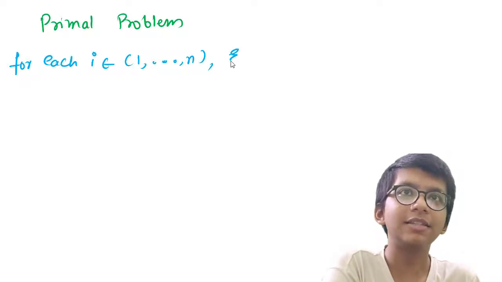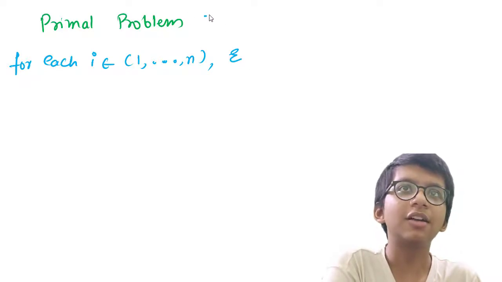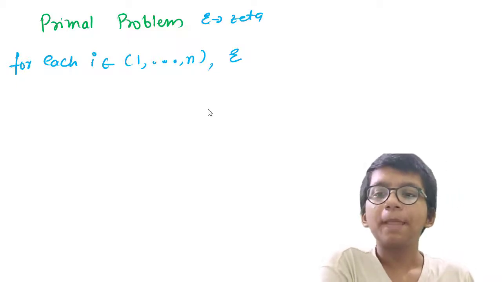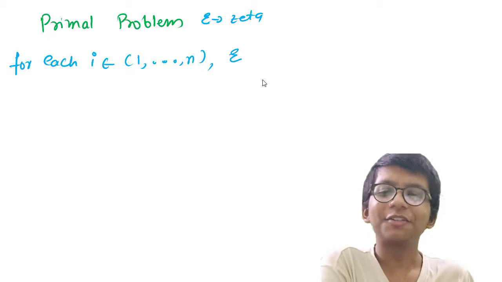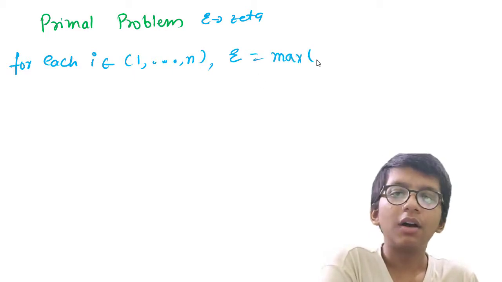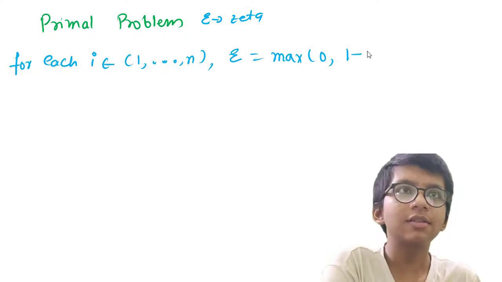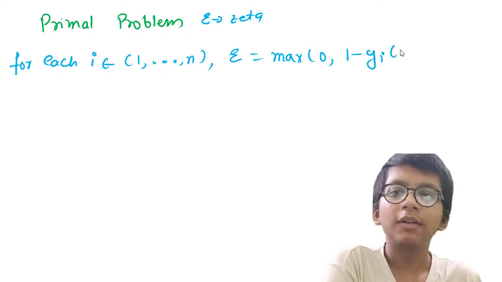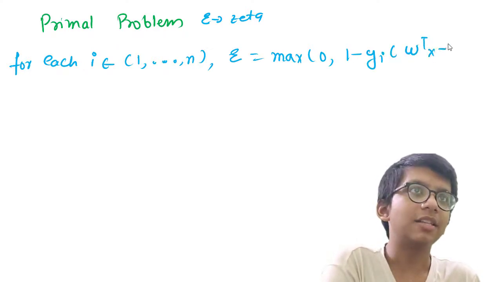I don't know how to write zeta, so this is the zeta here. Obviously it looks like epsilon, but don't worry, it's a zeta. Zeta equals the max of 0, 1 minus y_i (w transpose x minus b).